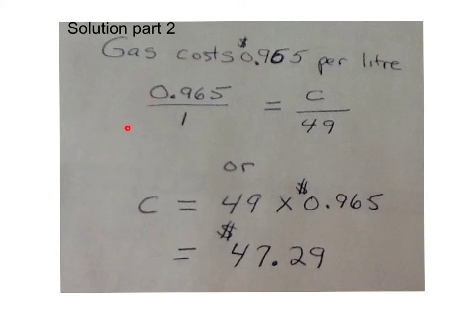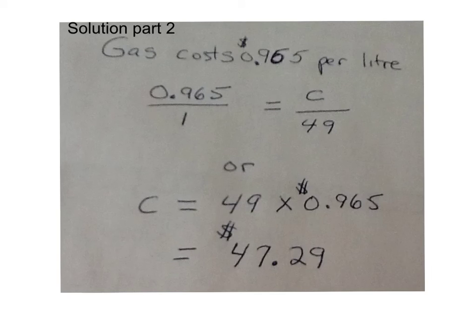If 1 liter of fuel is 96.5, for 1 liter, how much is it going to cost for 49 liters? That's a ratio. Or the other way I could do it, I really know it's 96.5 cents for 1 liter. I know I need 49 liters, so for my cost I could just multiply 49 times $0.965 and get $47.29. It's funny, if we did it with the ratio, we'd end up with the same calculation.